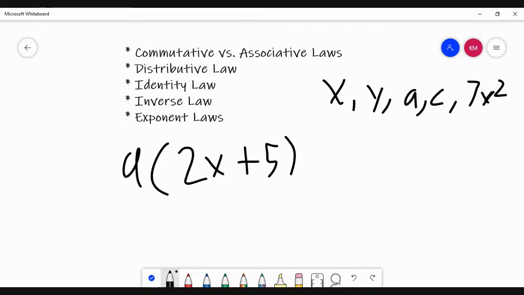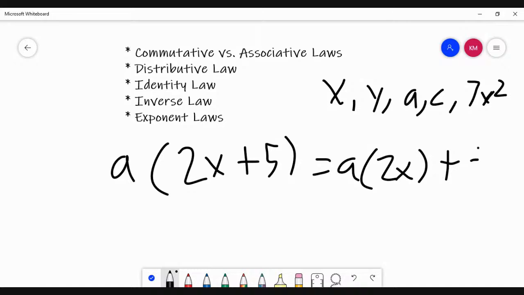Now, let me fix my a because my a looks like a 9. Sorry about that, guys. So if I distribute, that means a is going to be multiplied to the 2x plus a being multiplied to the 5, which when we are done will give me 2ax plus 5a.